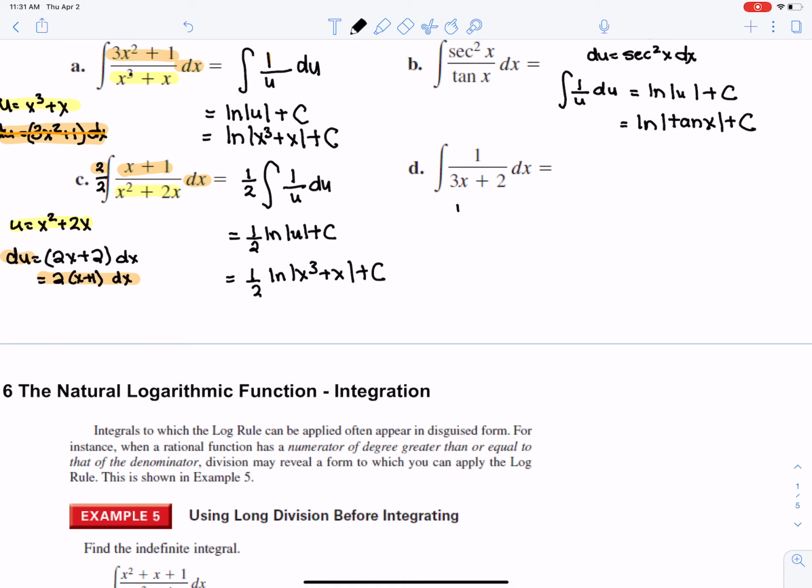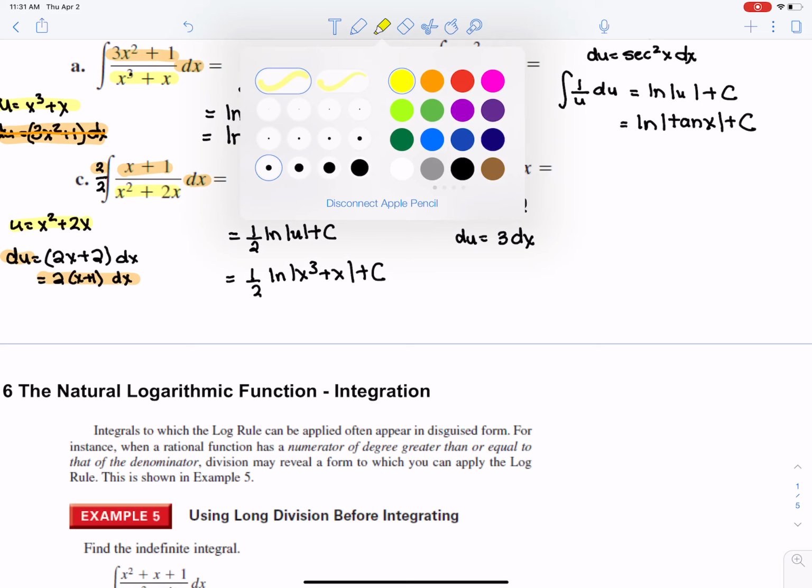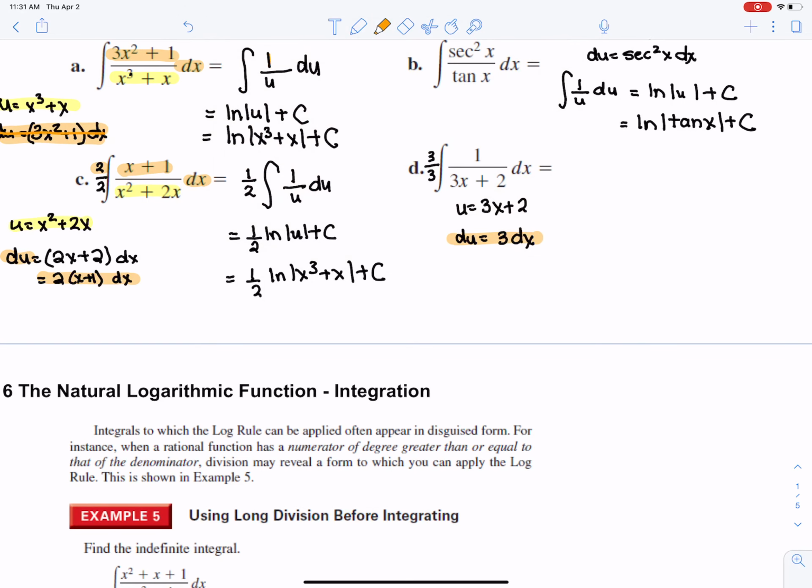In this example, u would be 3x plus 2. My derivative is 3, and I multiply the dx on both sides. You can see I'm missing the 3. I'll introduce it on top and bottom. You can introduce it either on the inside or the outside of the integral, so 3 dx. My u term is found on the denominator.